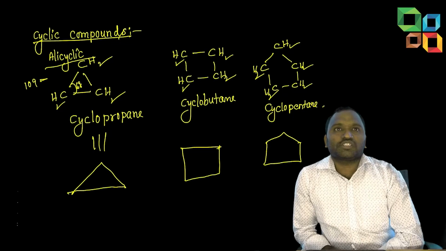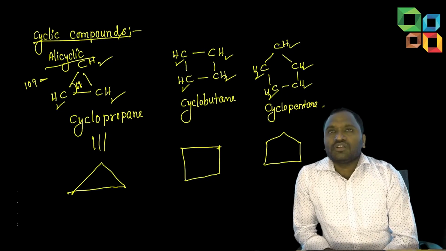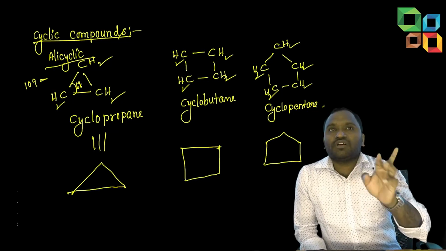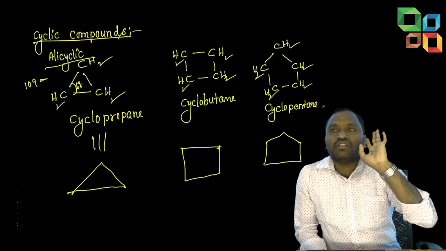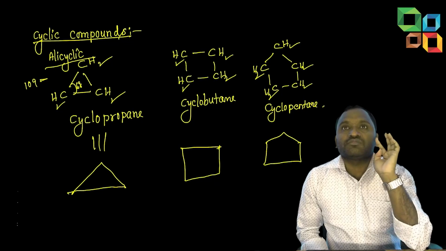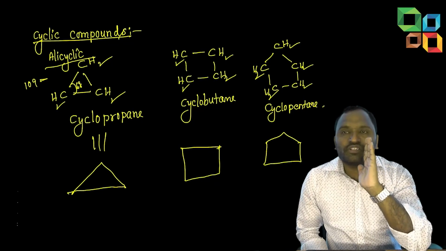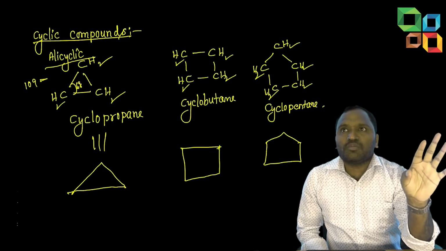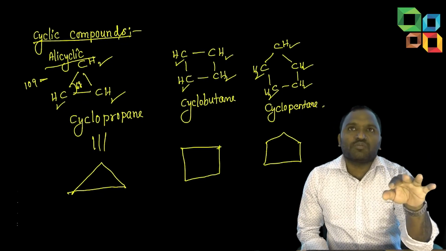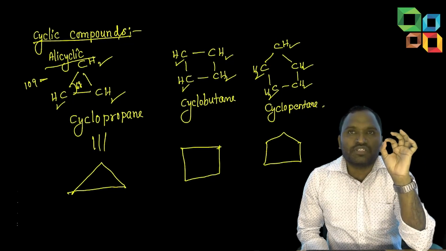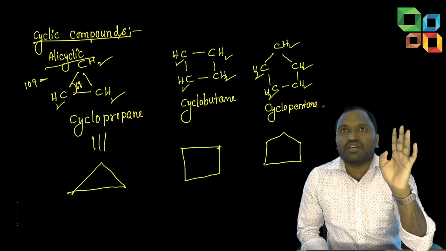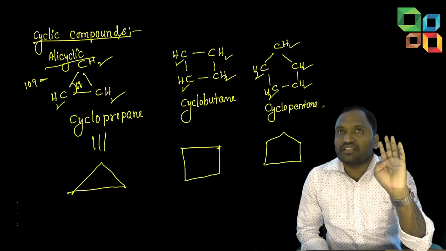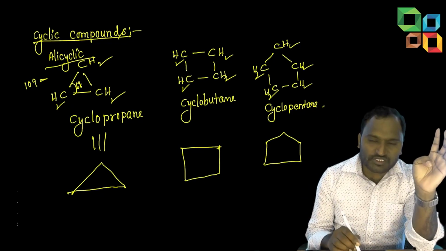You may not know what sp3 hybridization is, so just follow one simple thing: if a carbon is connected with only single bonds, then it undergoes sp3 hybridization. An sp3 hybridized carbon's bond angle must be 109 degrees, but here it is only 60 degrees.